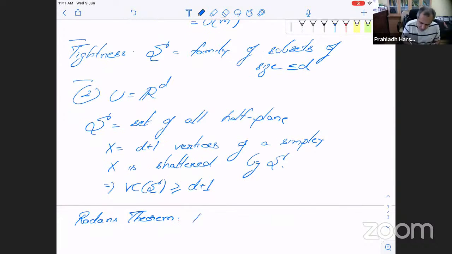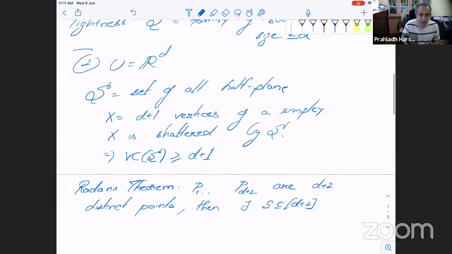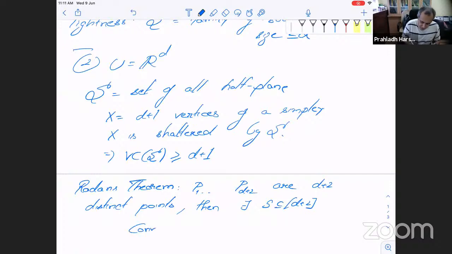That is, if P1, P2, up to P_(D+2) are D plus 2 distinct points, then there exists a subset S of them such that the convex hull of Pi, i in S, intersected with the convex hull of Pi, i not in S, is not empty.